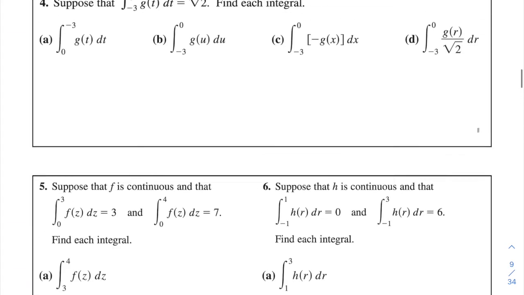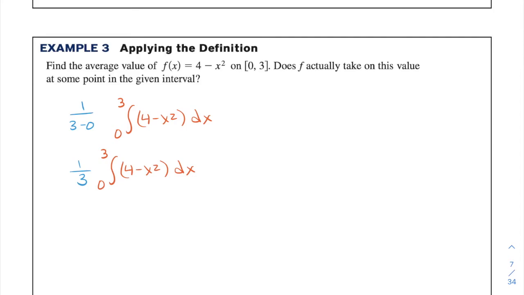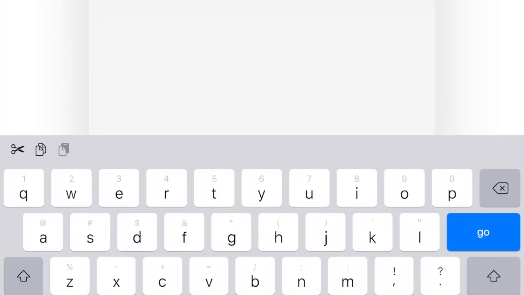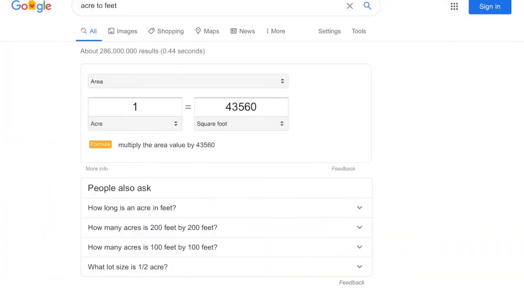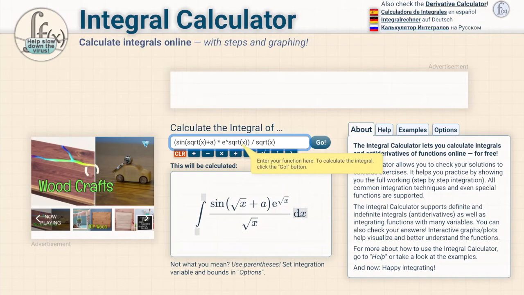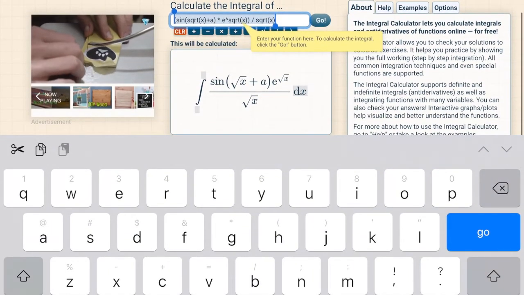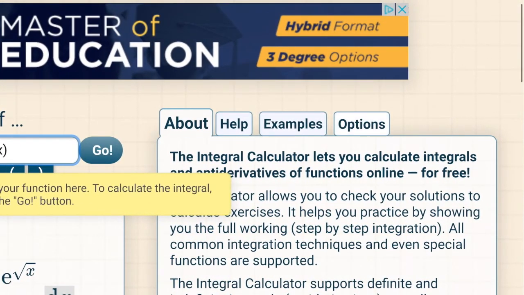Most of you probably don't have a graphing calculator at home, and that's fine. So I'm going to show you the integral calculator. You can actually type in your integral that you want and evaluate it. So let's go here.